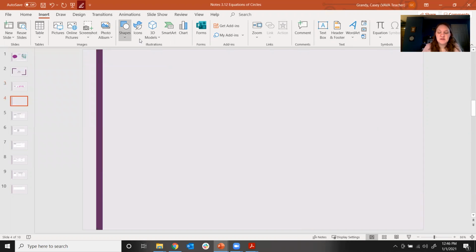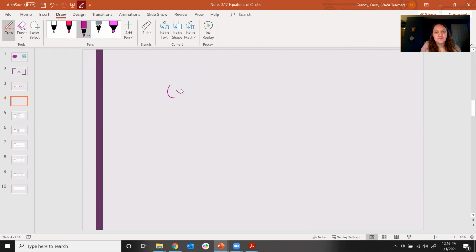What formula does the equation of a circle remind you of? What if I took the square root of both sides? Well, I know a square root and a square cancel.